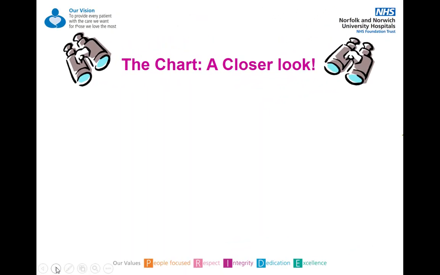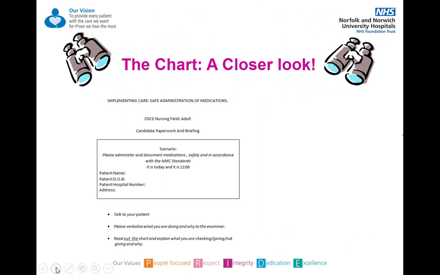So if we take a closer look at the chart, this is typically the front of your medication chart on the implementation station at the NMC OSCE test centres. Now we must make sure that all the details on the front are correct and legible, and you should do this out loud.